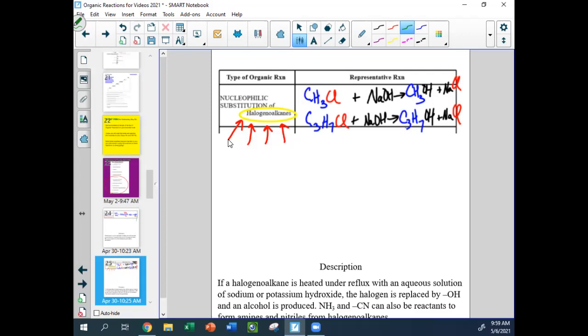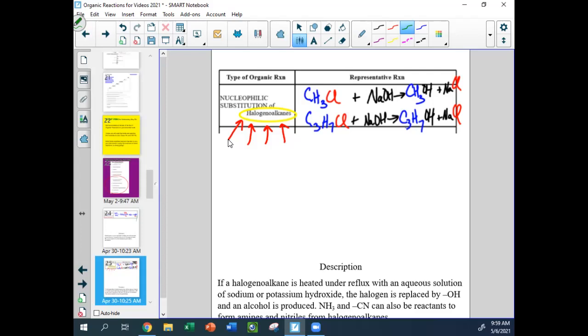This now is number 7, nucleophilic substitution of halogenoalkanes. Whenever you see any of the halogens, fluorine, chlorine, bromine, or iodine, attached to an organic compound, this is probably the type of reaction that's going to occur. And the next one will be electrophilic substitution that has to do with benzene only.